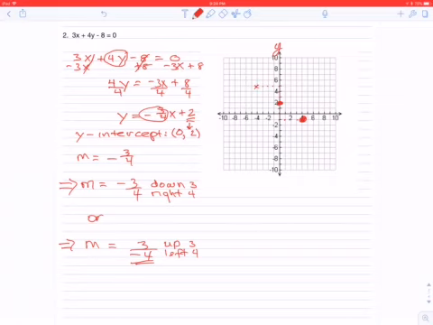Put a little mark there. You see that that mark is on that same line? So it doesn't matter whether I use the y-intercept and this point or the y-intercept and this point. It's still going to be on that same line. And there's our graph.